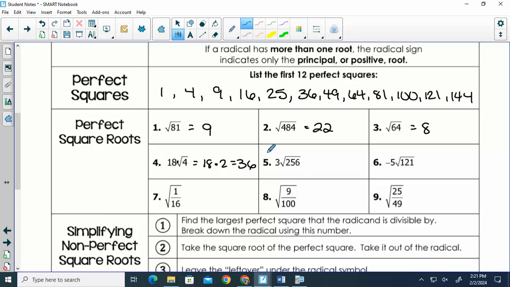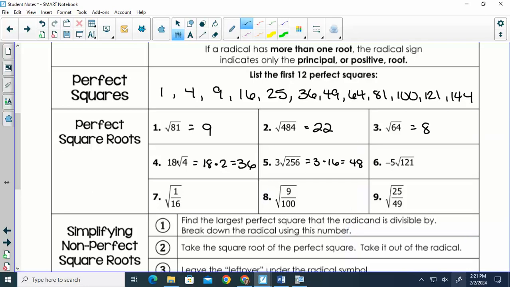So if it says 3 radical 256, it means 3 times the square root of 256. What is the square root of 256? 16. 16 times 3 gave us 48.